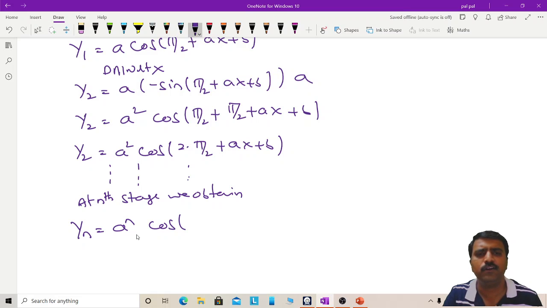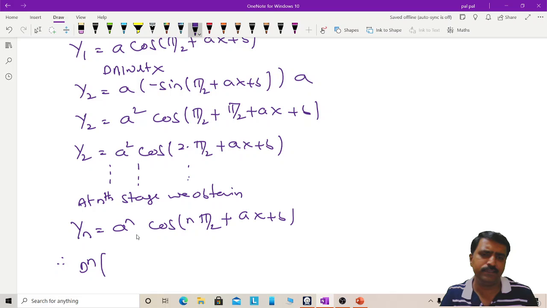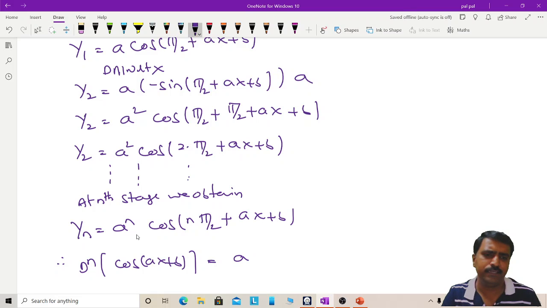In y2 we have cos of 2 into 90, so here it is 2, and in yn it becomes n into 90, n into 90 plus ax plus b. Therefore, the nth differentiation of cos ax plus b is equal to a to the power of n into cos of n pi by 2 plus ax plus b.